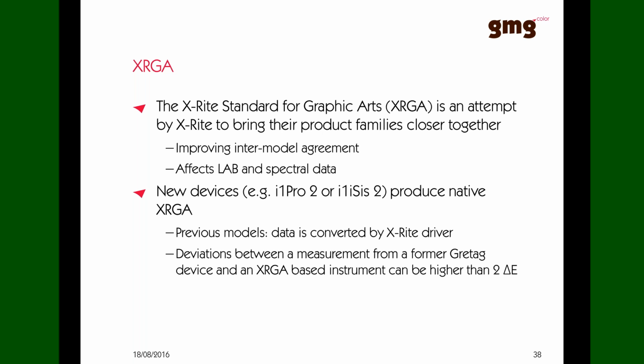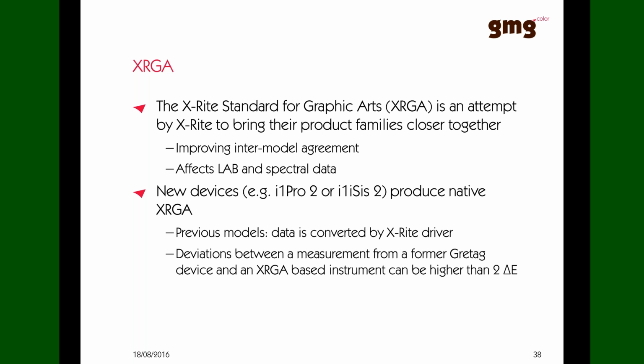So they worked on their own XRGA standard, the X-Rite standard for graphic arts. This standard defines that a measurement from one device needs to be converted spectrally and on LAB basis in order to match the XRGA standard, and other devices are also converted to this XRGA standard.